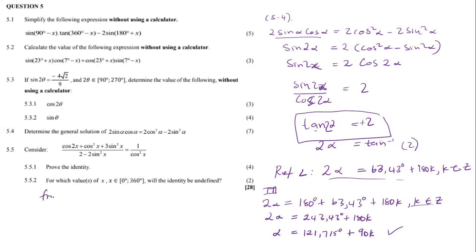So from the reference angle, I'm going to divide everything by 2. 63.43 divided by 2, my answer is 31.715 degrees plus 180 divided by 2, that will be 90k. Therefore, these will then be my two general solutions.